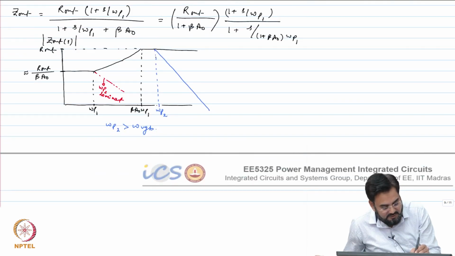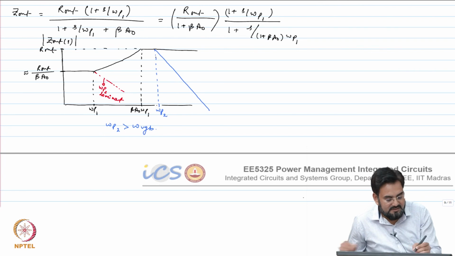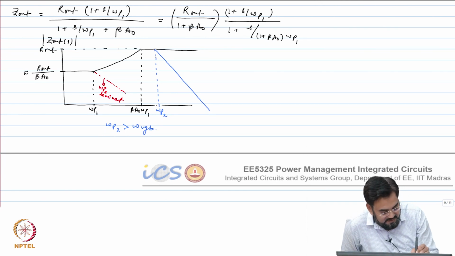So, when the 0 hits, what will happen? It will flatten out, and then it will keep going.